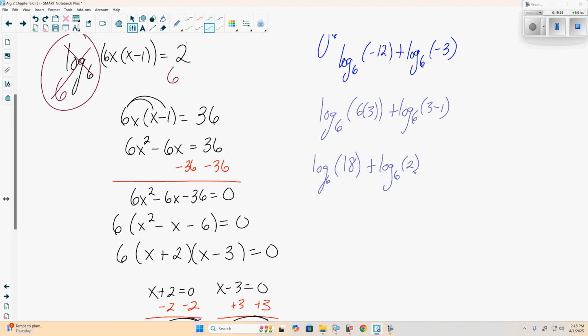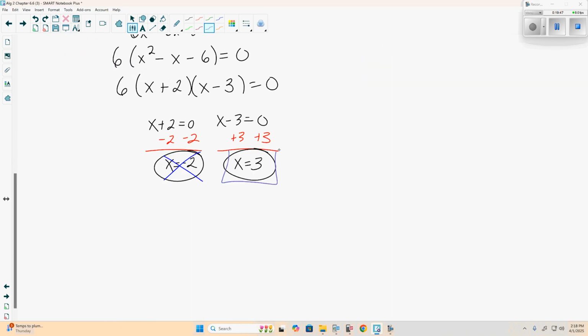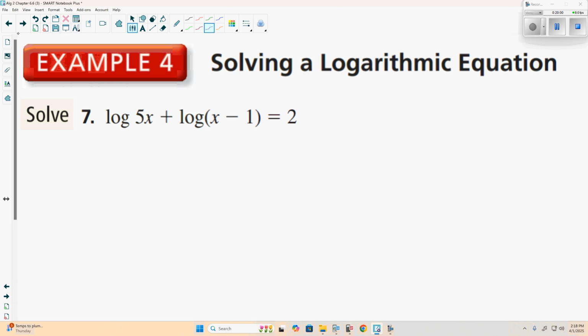Negative 12 times negative 3 is also positive 36, but it doesn't work in the original problem. So the only one that actually works is 3. Questions on these here? So is this any real different than what we did yesterday? Not really. Do we feel comfortable with these? Okay.